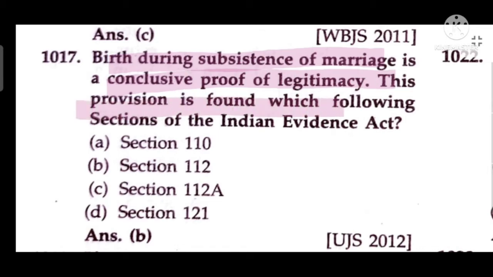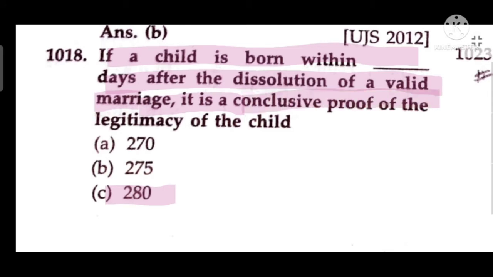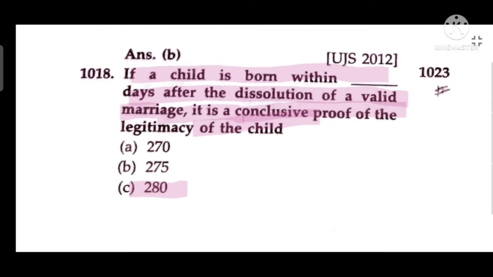The provision is found in which one of the following sections of the Evidence Act? Section 112. If a child is born within 280 days after the dissolution of a valid marriage, it is conclusive proof of the legitimacy of the child.